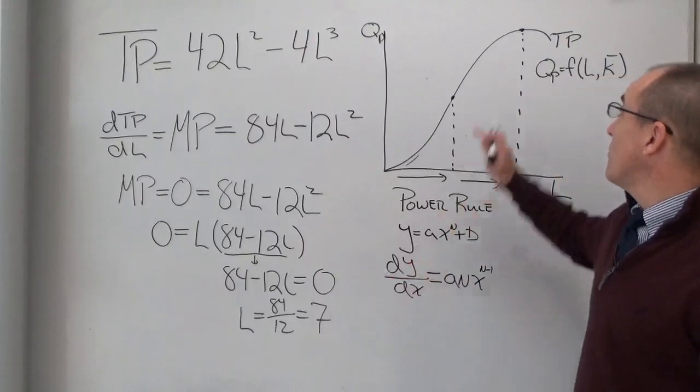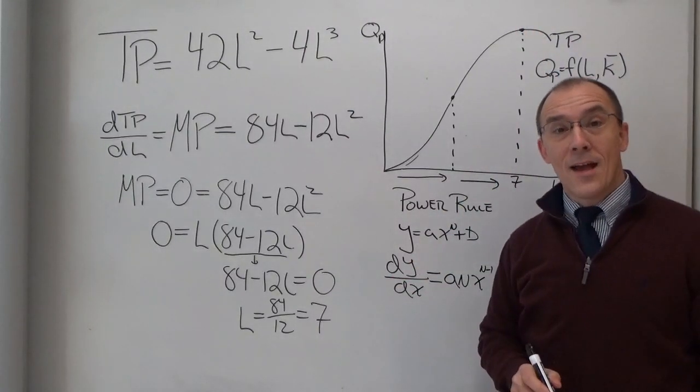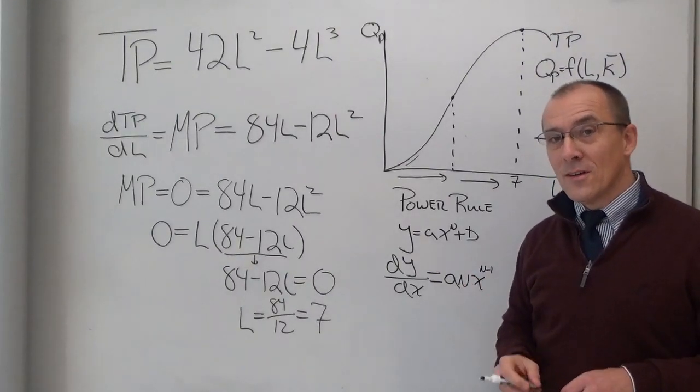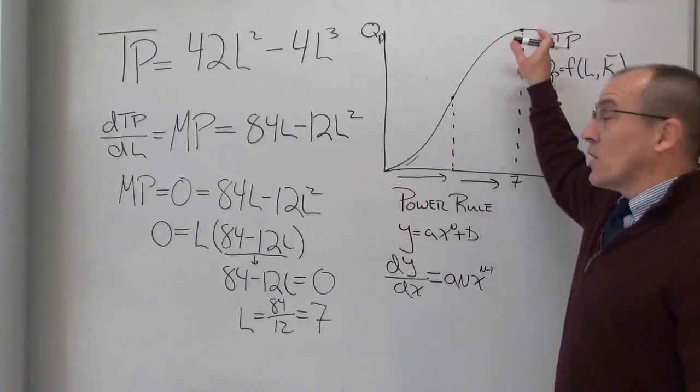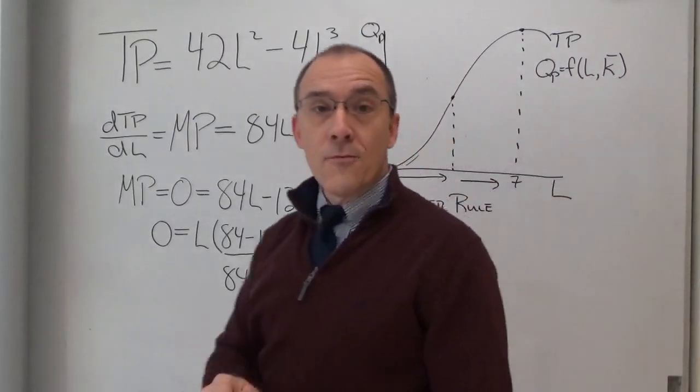When I have 7 workers, my total product will be maxed out. In other words, I should not hire that 8th worker because that will actually cause me to produce less. So that's the first thing I need to do.